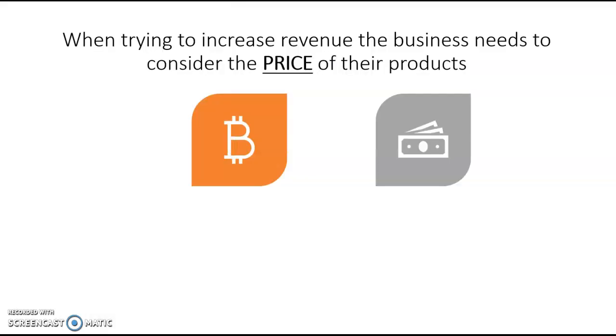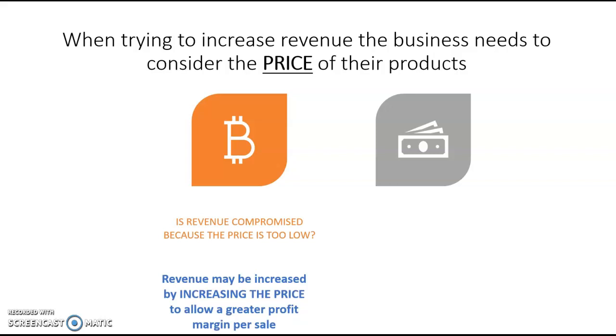So when a business is trying to increase its revenue, they need to consider the price of their products. Is the revenue of the business being compromised because the price is too high? If this is the case, then revenue may actually be able to be increased if we increase the price of the product, because we will allow a higher or greater profit margin per sale made.